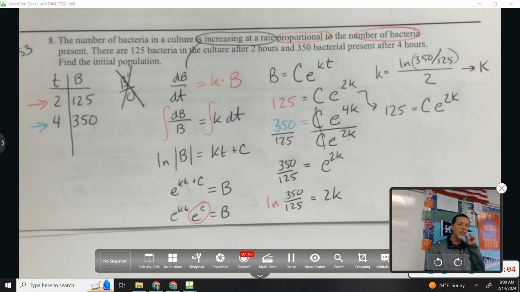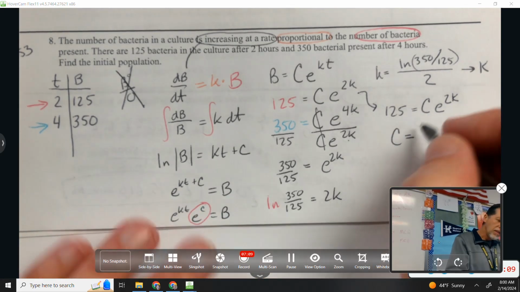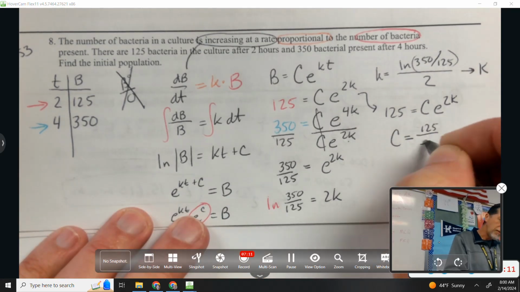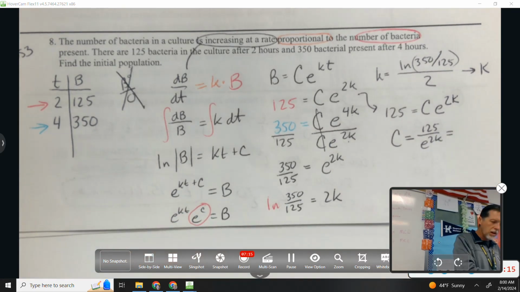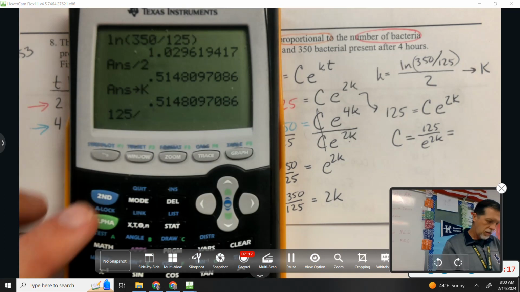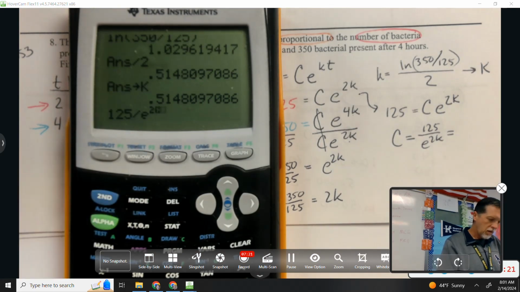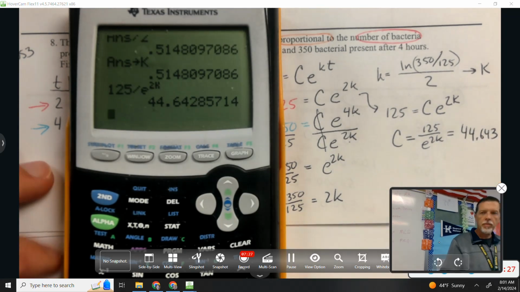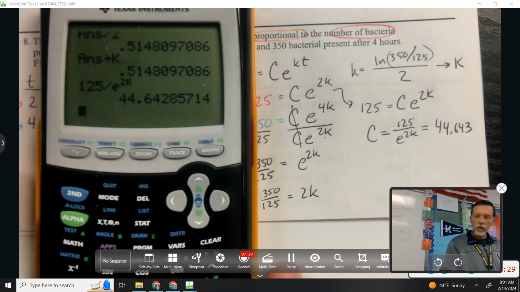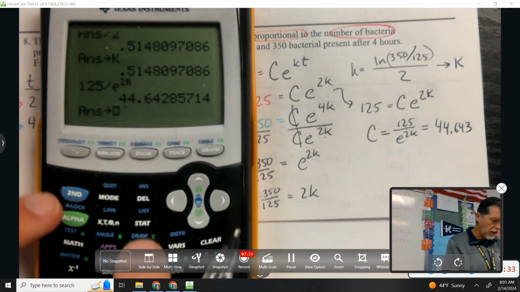So that means I can figure out what c is. 125 divided by e to the 2k. 44.643, and since that's a weird number, I may as well store that as c.